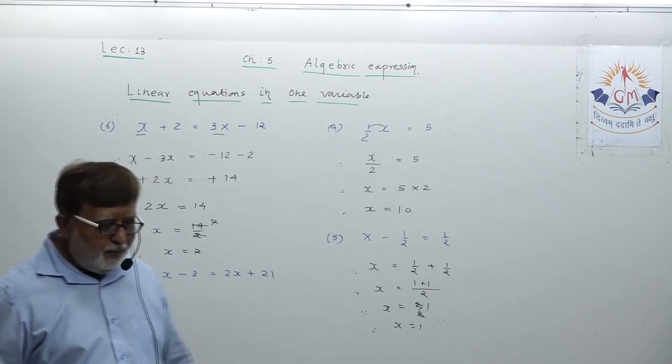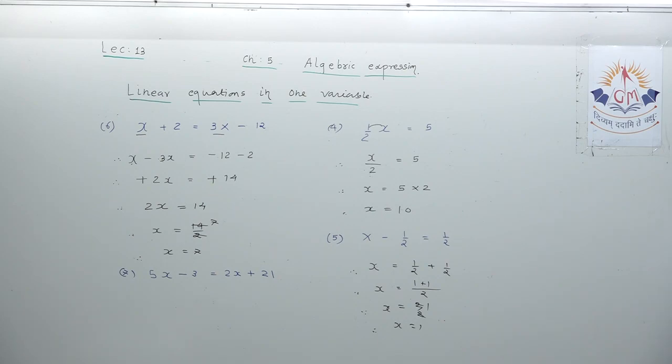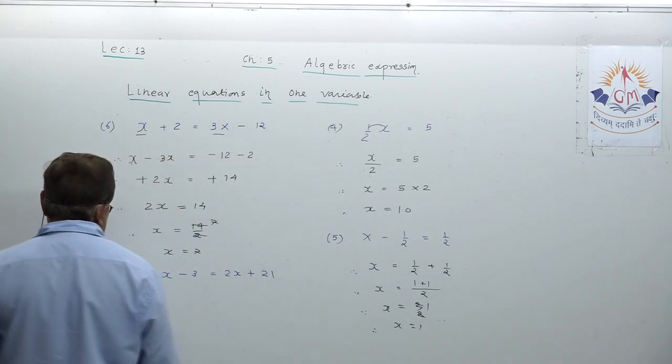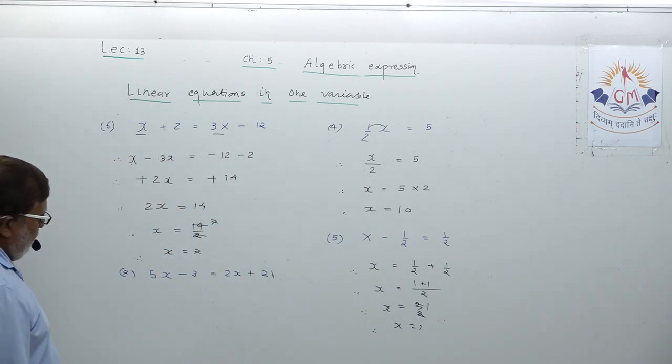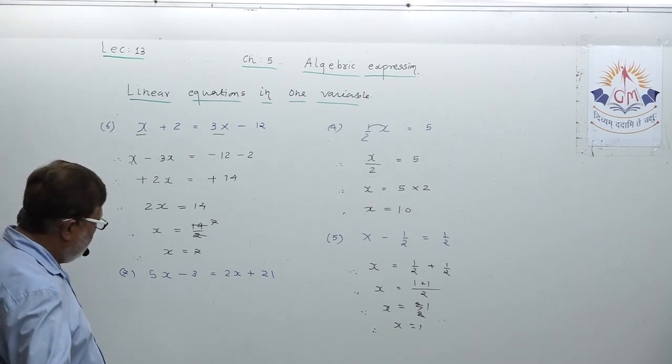Okay. 2 minutes time, just a question of transferring the terms correctly. That's very important. Transfer of the term correctly is very important. Then you can solve the equation very easily, but you have to be very, very conscious regarding transfer of the term. How to transfer the term, okay?